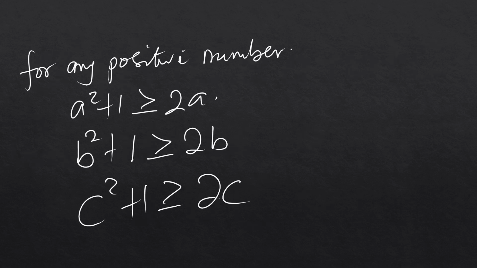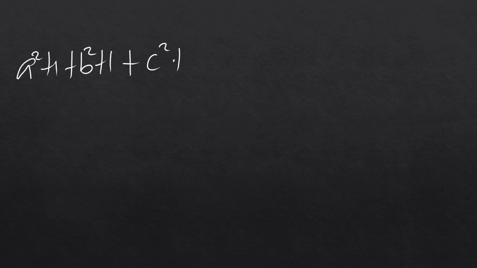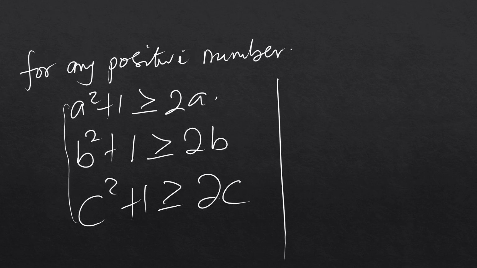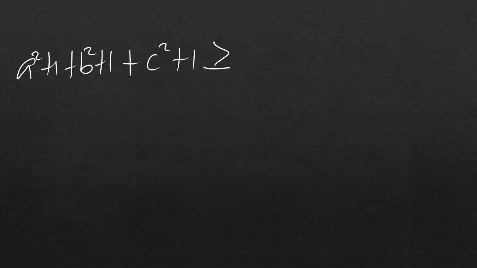Now, if you look at this, we have already gotten a plus b plus c. But these are some inequalities we have laid down. What I'm going to do is to add them all. So I'm going to have a squared plus 1 plus b squared plus 1 plus c squared plus 1 is greater than or equal to 2a plus 2b plus 2c.